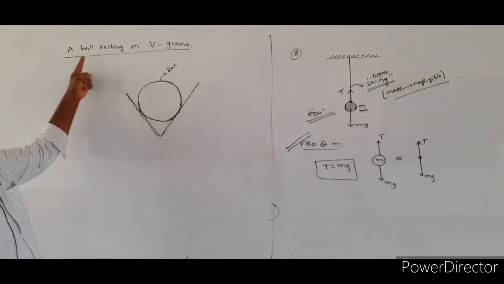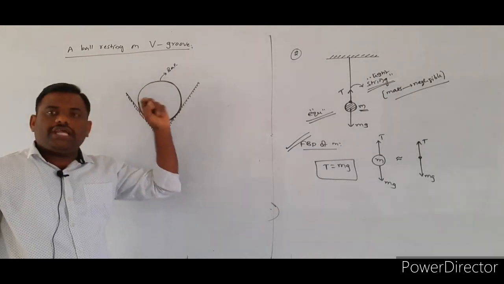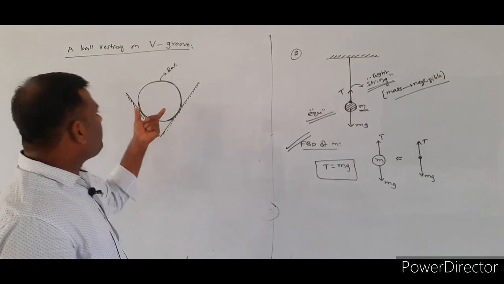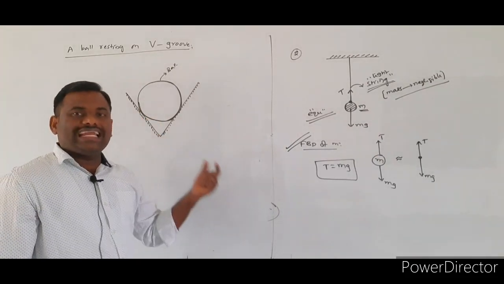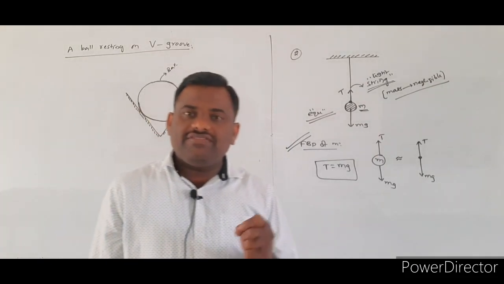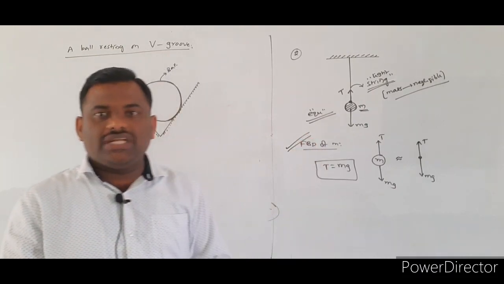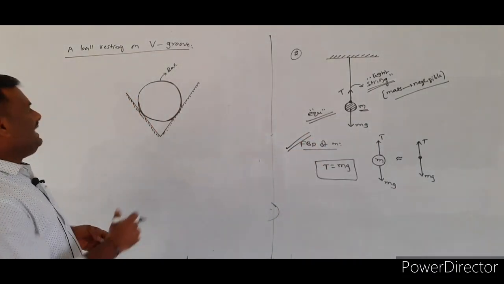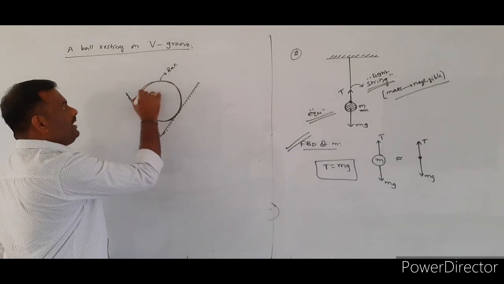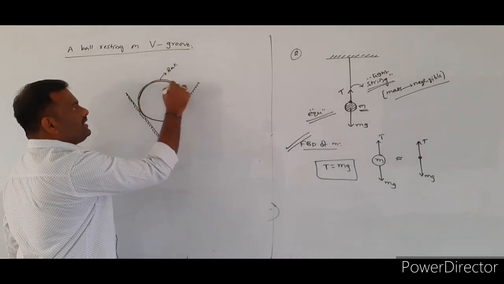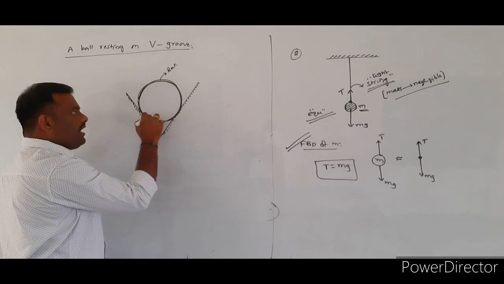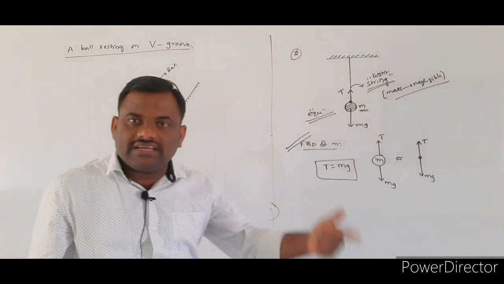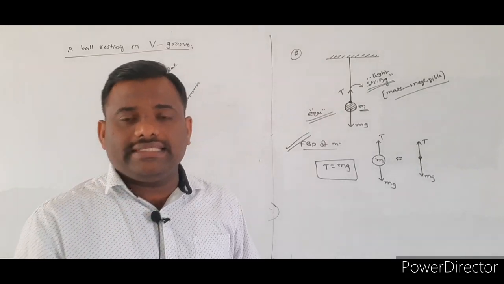So, a ball resting over a V-shaped groove. Whenever such applications are mentioned, they are asking us to simply draw the FBD of the given application. Whenever the object is in contact with another surface, between the given object and the contact surface, which forces arise?